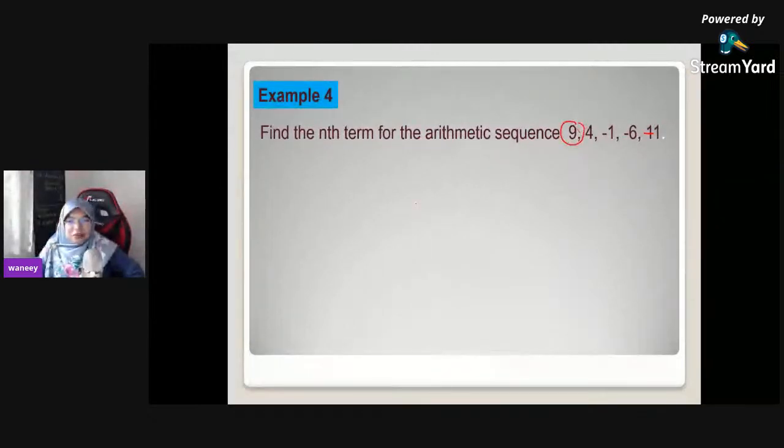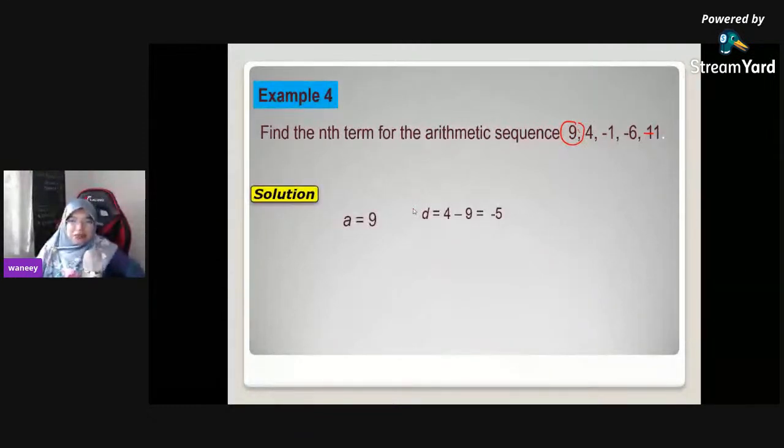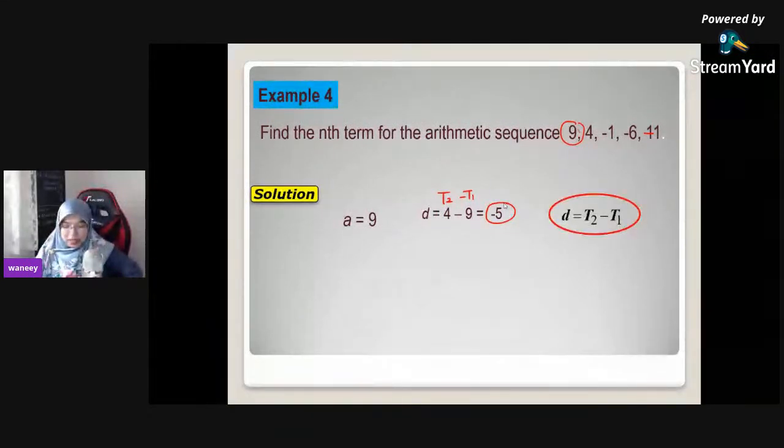So that means your first term is 9. For the common difference, we take the second term, T2, minus T1. So 4 minus 9, we get negative 5. So that is the common difference, T2 minus T1.